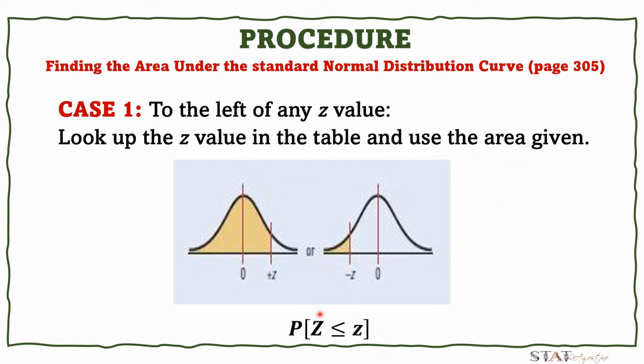Mathematically, you can present this as the probability of z less than or equal to your z value.